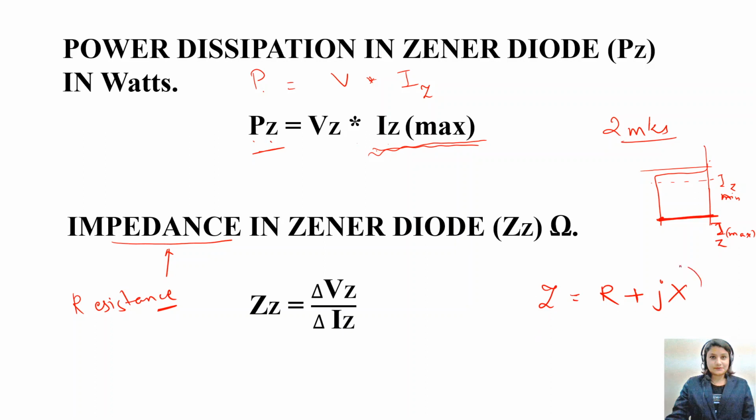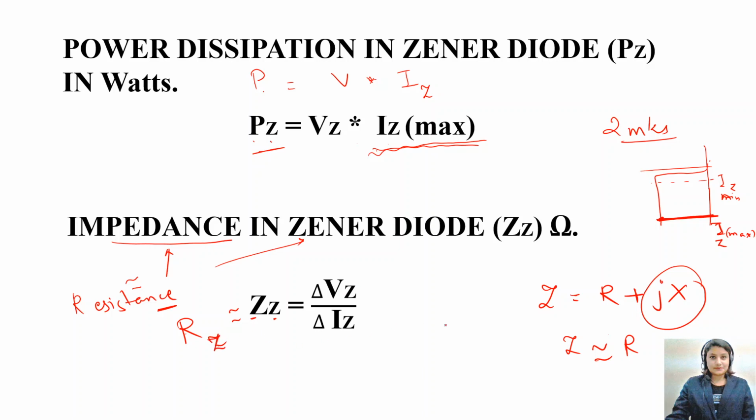Where the reactance is 0, your impedance is equal to the resistance. So for the time being, you can consider impedance to be nothing but the resistance in the Zener diode. Impedance we always denote by Z, and in a Zener diode it is shown as ZZ. In some books, it is shown as RZ, the resistance in the Zener diode.